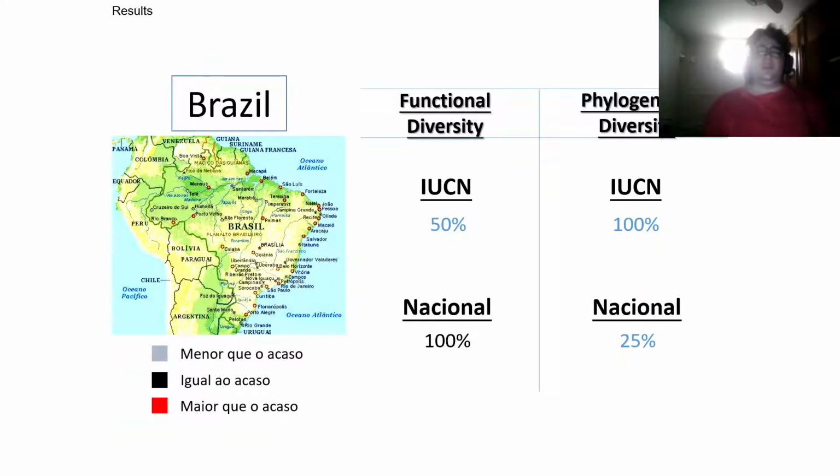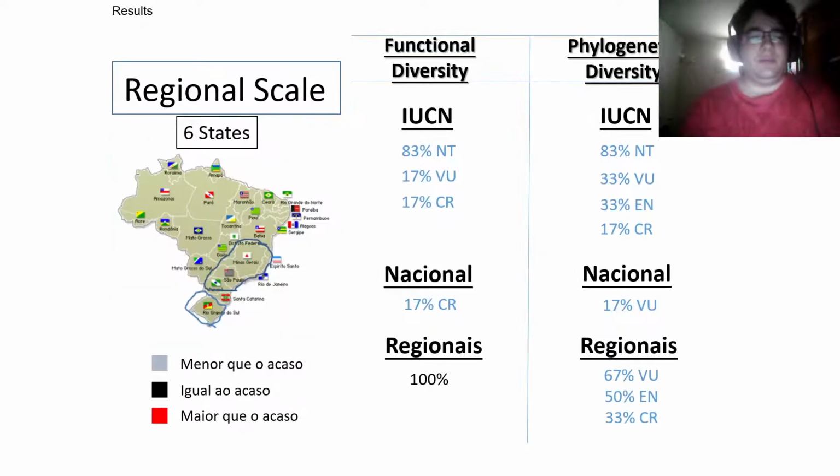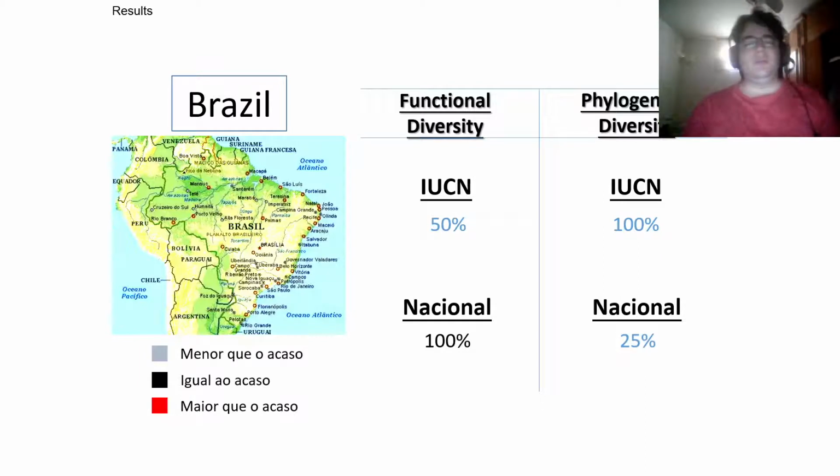And what we saw for the global, regional, and local scales was that categories commonly presented the same amount of loss of functional or phylogenetic diversity than expected by chance, or lower.